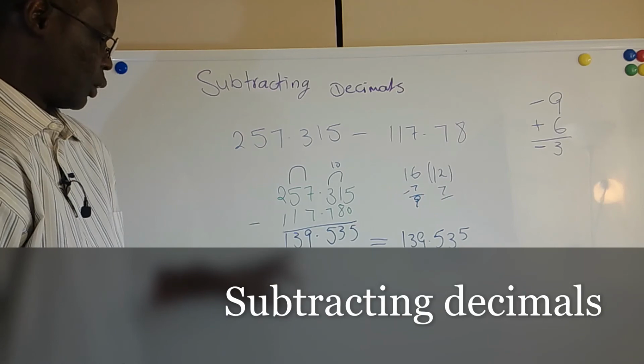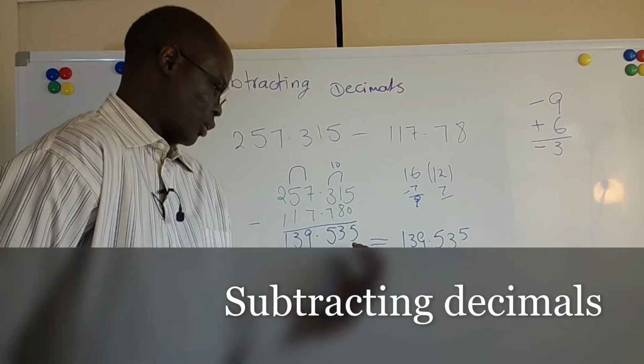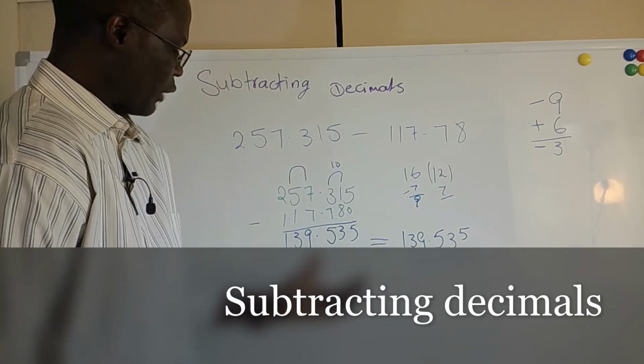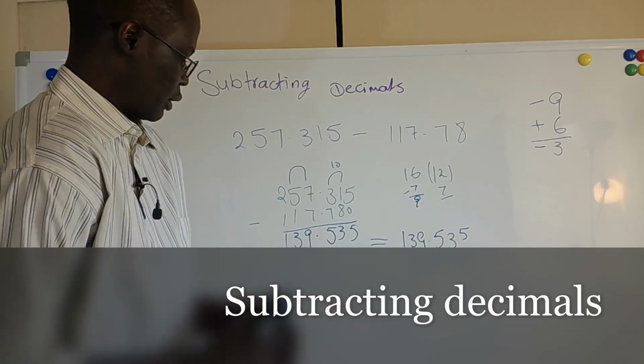That's what you're going to get: 139 point, which is the decimal, and the hundredths decimal number. So that's how we use subtraction on decimal numbers.